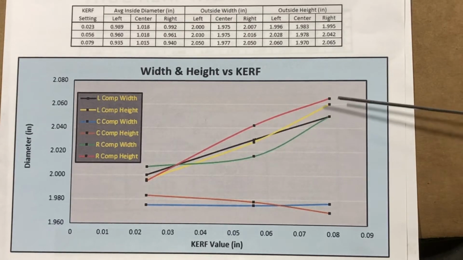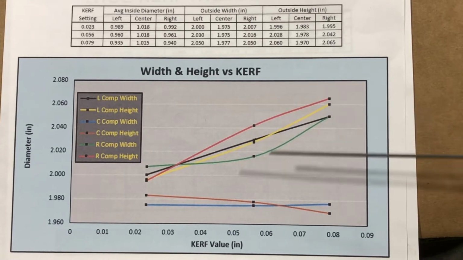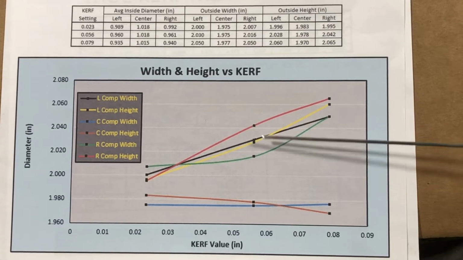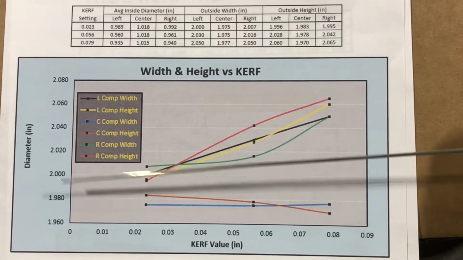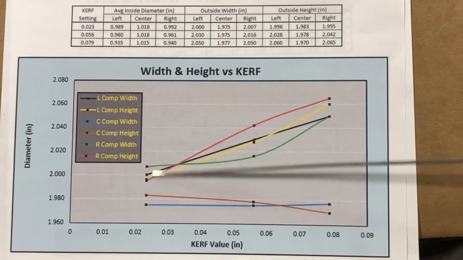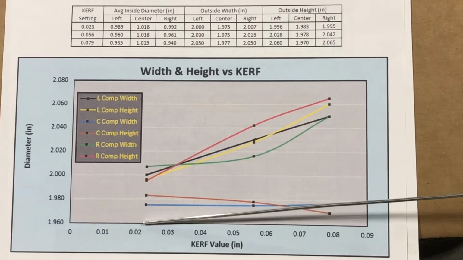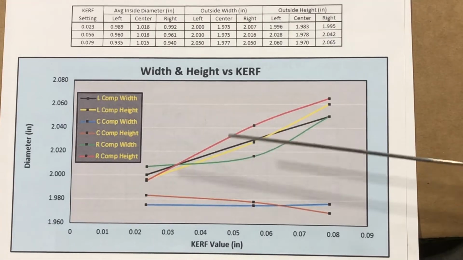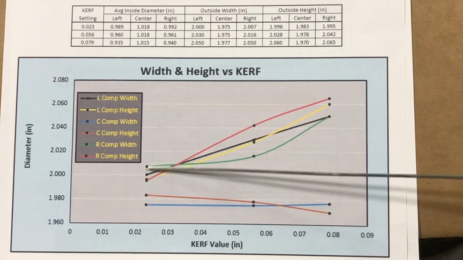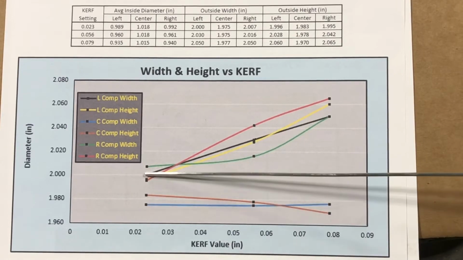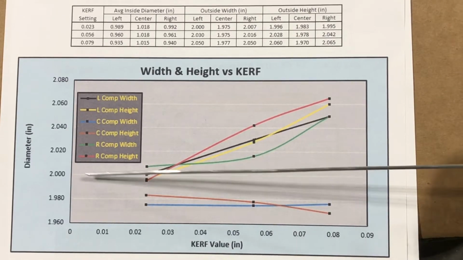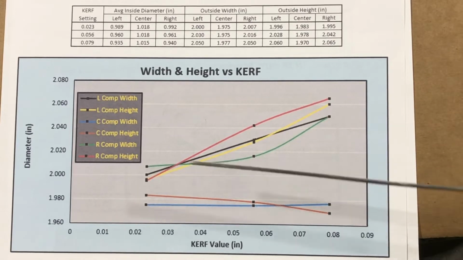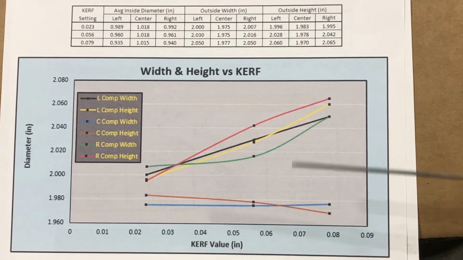So if we get larger kerf, it's not good. 56 thousandths, which the book calls out, it's not good. It doesn't get close to 2 until we get down into this area, which looks like it's about 22, 23 thousandths. I mean, this is 23 right here, and those all seem to be converging down around that area. So about 23 thousandths might be the right thing.